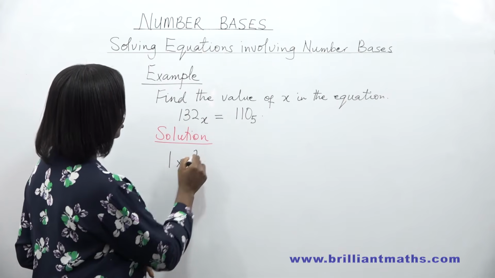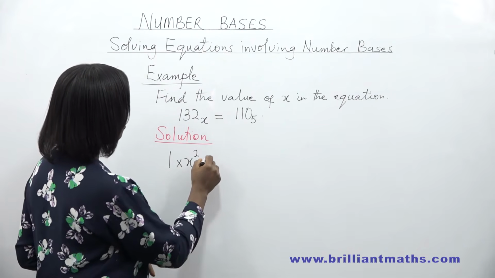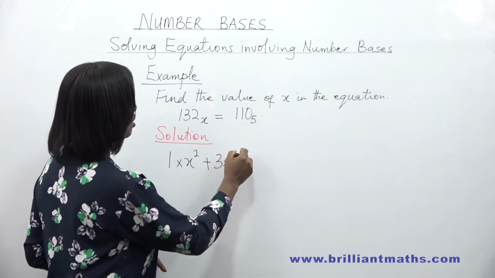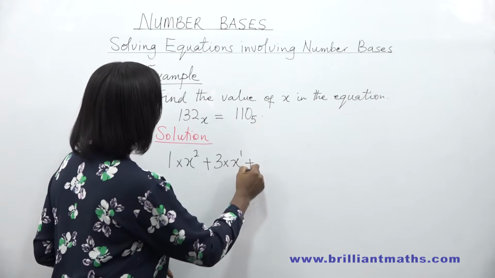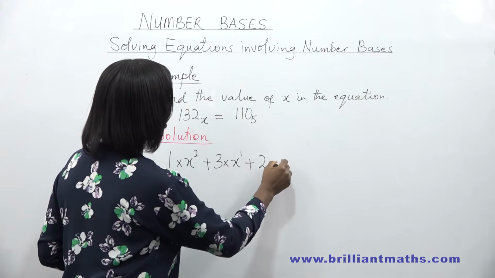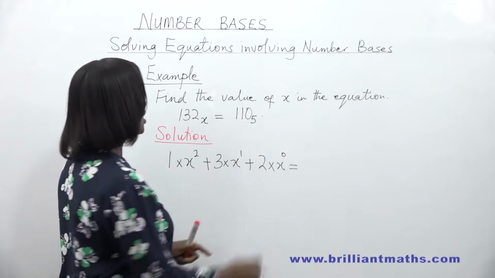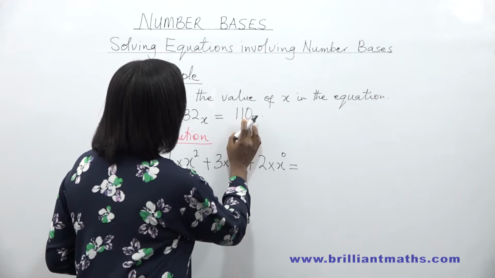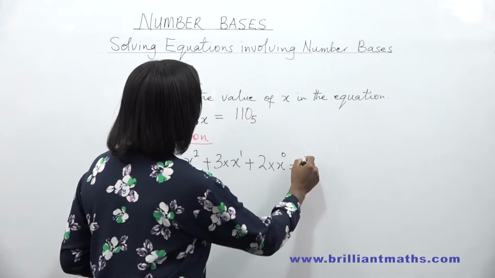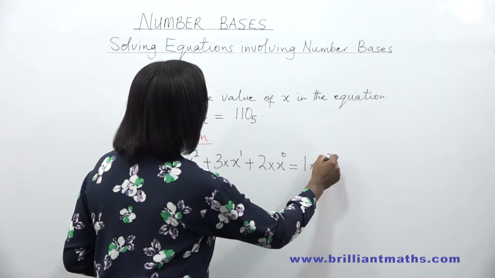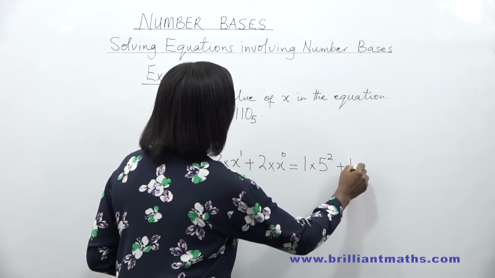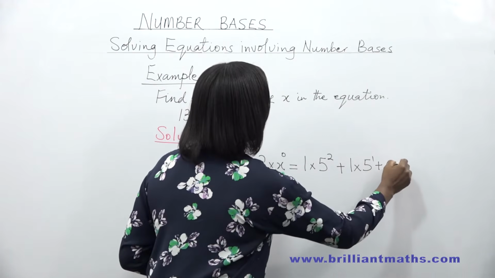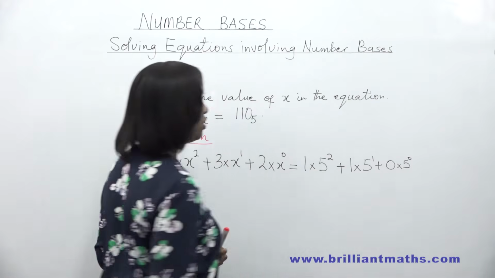So x to the power 2 plus 3 times x to the power 1 plus 2 times x to the power 0 is equal to, on the other side of the equation, 0, 1, 2, 1 times 5 to the power 2 plus 1 times 5 to the power 1 plus 0 times 5 to the power 0.